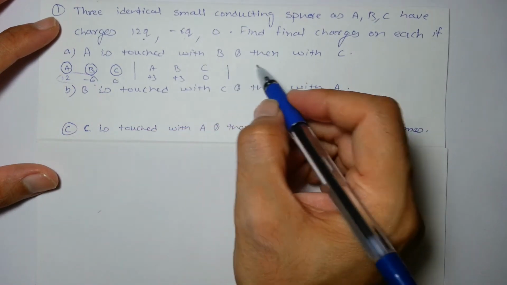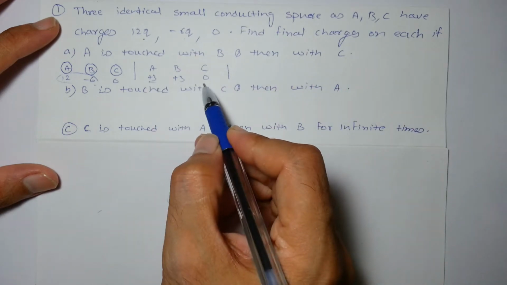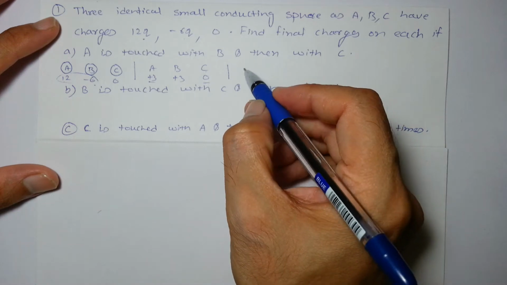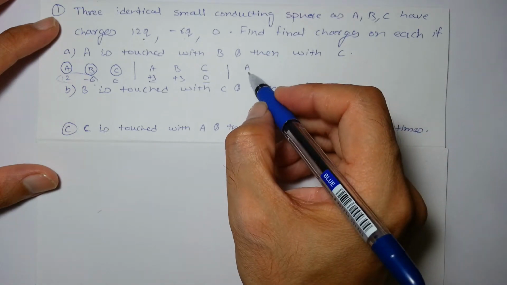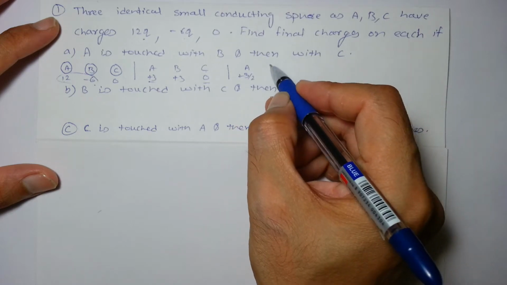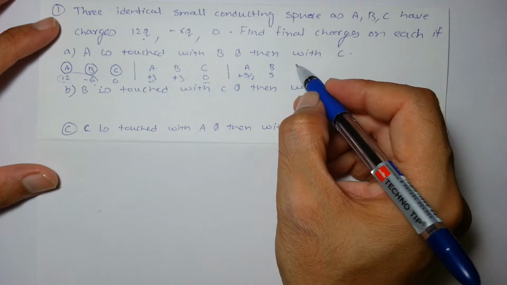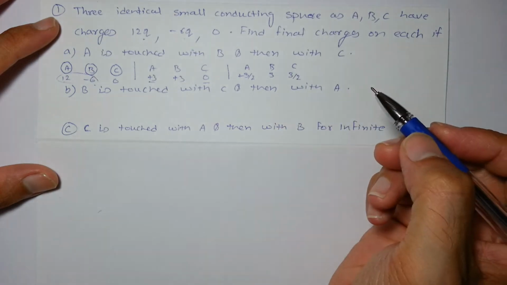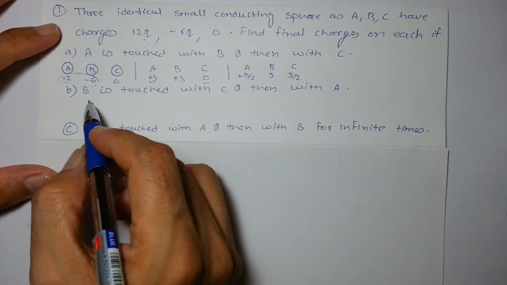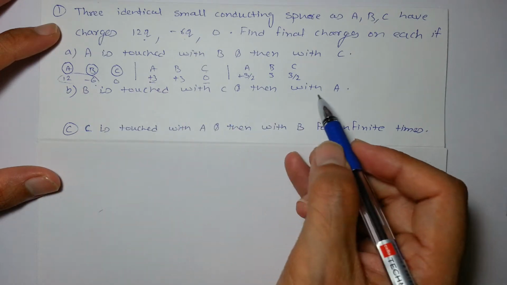And after the next step, A is touched with C. The total charge is 3, so after the final part of the step, A will have +3 by 2. B will have 3 because it is no more in contact with anything, and C will also have 3 by 2.